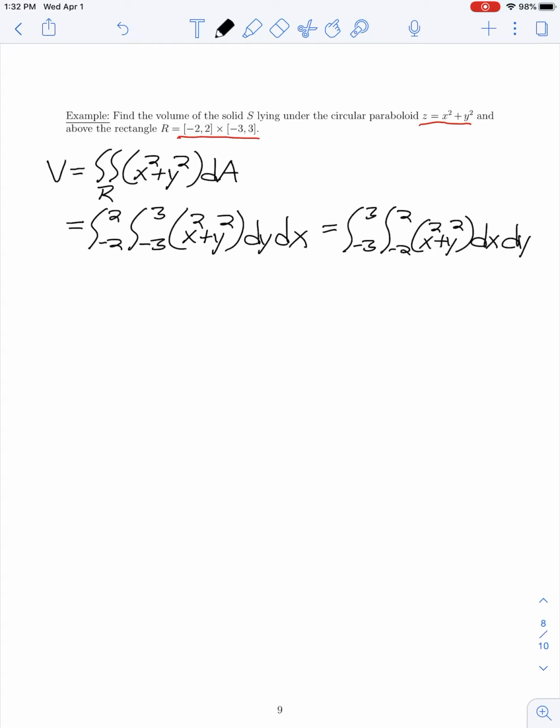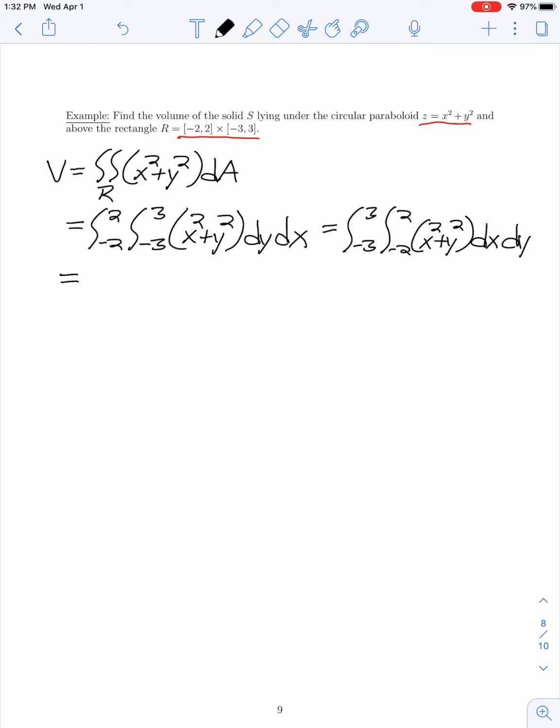Now, again, in this example, the function that we're integrating is a polynomial function, so there's really no benefit to using one order over the other. It'd be equally easy to integrate in any order. So let me stick with the first order of dy dx.